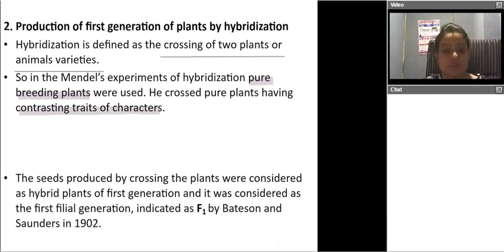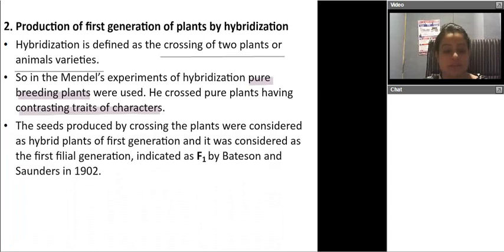The seeds that were produced by crossing these plants were considered as hybrid plants of the first generation. So it was the first filial generation, named F1 by Bateson and Saunders in 1902. So the 2 parent generations that had pure characters were crossed and they formed the first filial generation. Right?